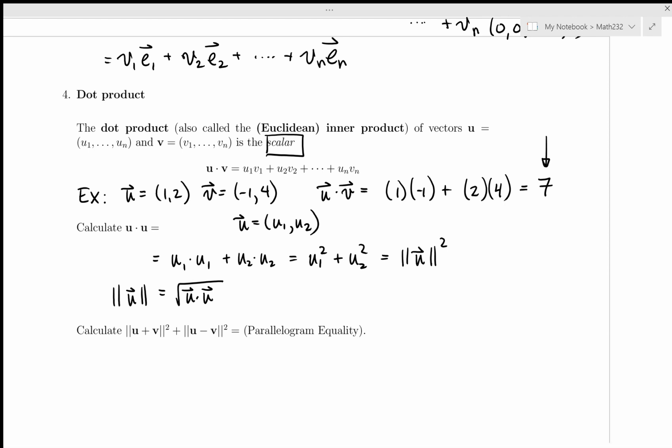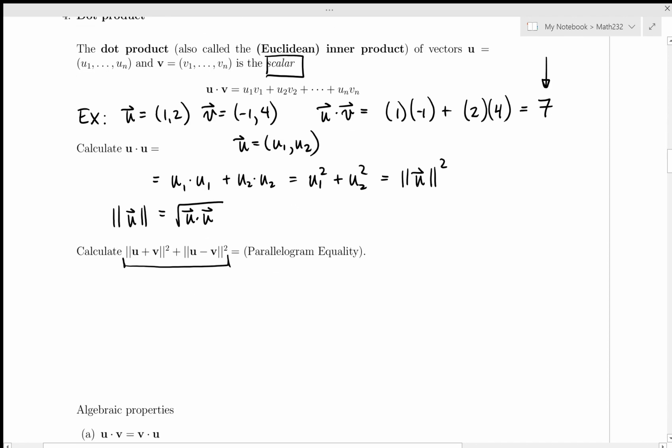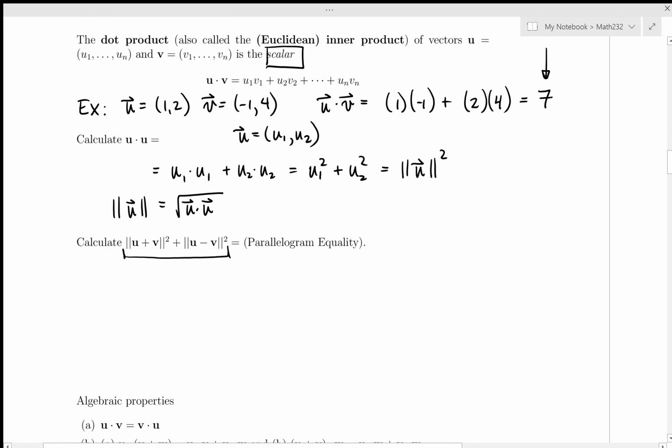All right, I'm going to take this and see if we can get a nice form. We want to calculate the norm of u plus v squared, and we're going to add to that the norm of u minus v squared. We're just going to do this right from the definition. So we're going to write out what is the norm of u plus v squared.